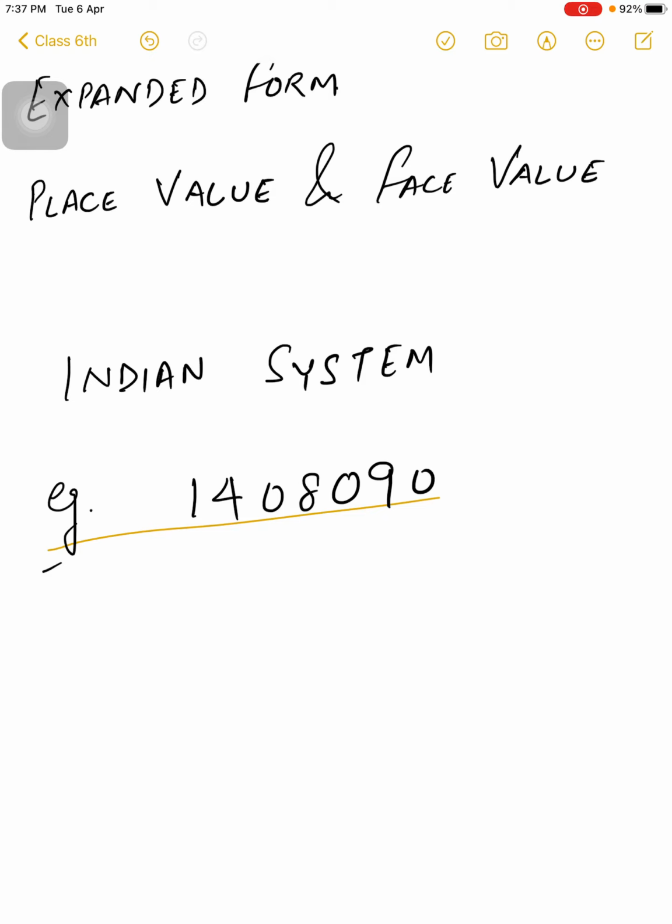Write the place values: ones, tens, hundred, thousand, 10,000, lakh, 10 lakh, and then crore, then 10 crore. So in the Indian system, the place value system is ones, tens, hundred, thousand, 10,000, lakh, then 10 lakh, then crore, then 10 crore.